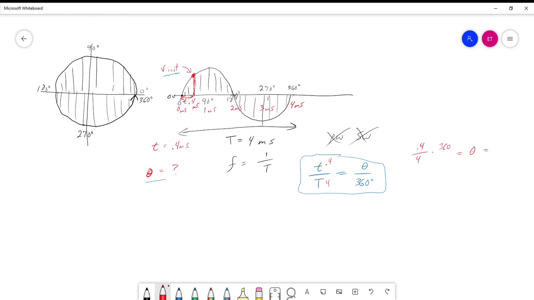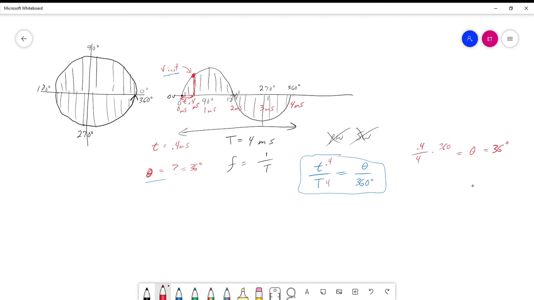This makes you sound smart. 0.4 divided by 4, and then times 360. I can do that quick, right? All right. I think I know it already, but let's just check it. Yep. That's 0.1 times 360. It seems like we're at 36 degrees. Unless I did it wrong, but hopefully that's right. Okay. So phase angle is 36 degrees, the point of interest.